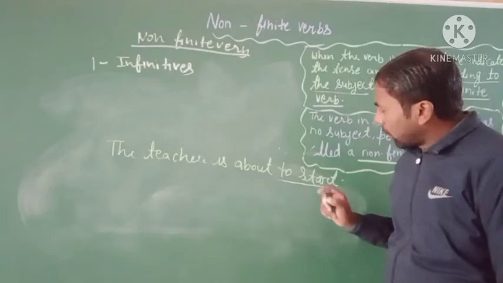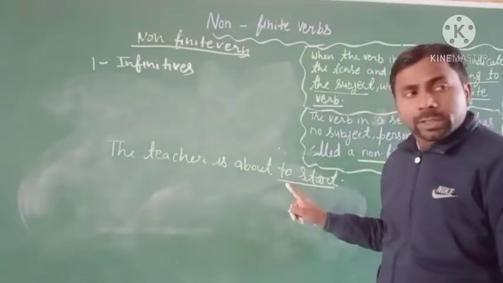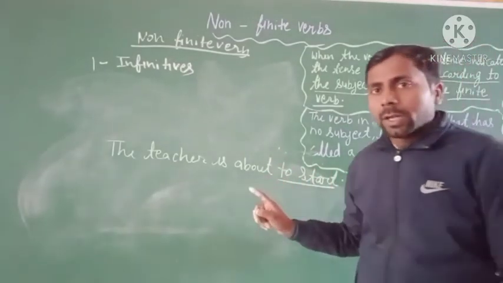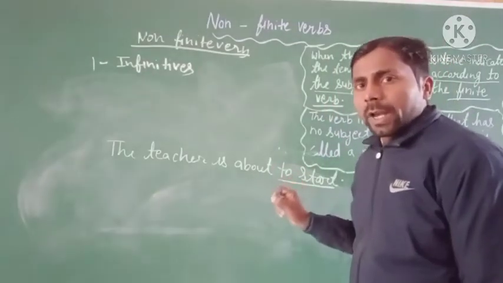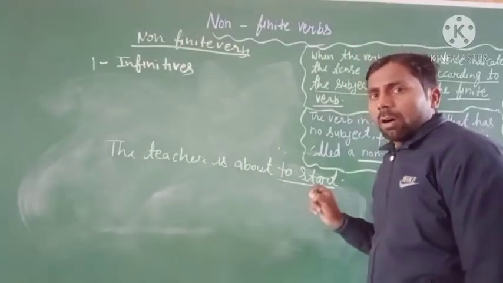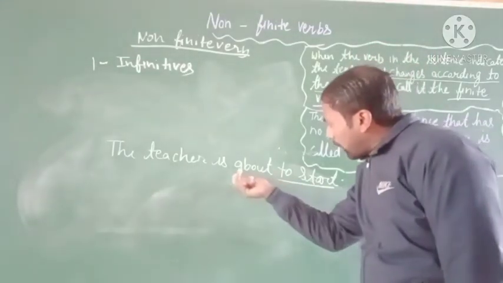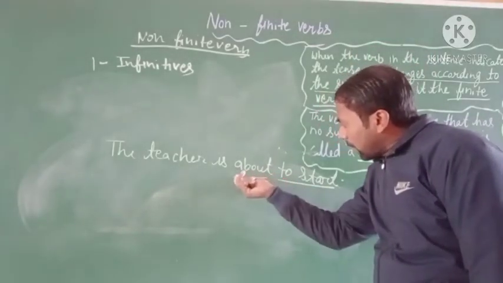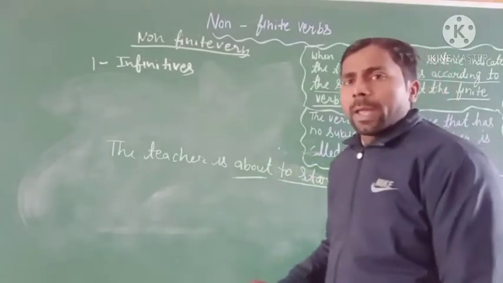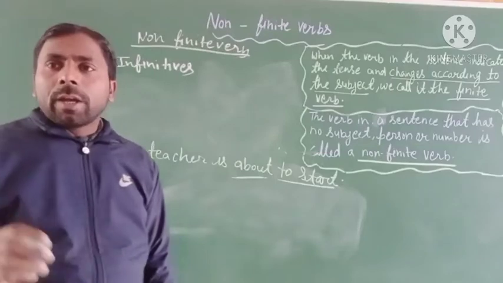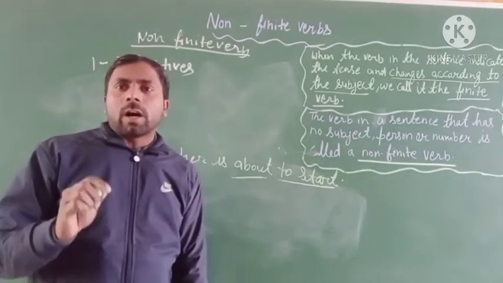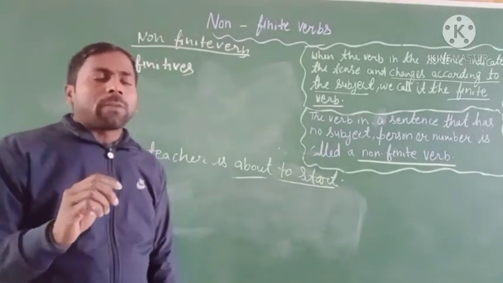A non-finite verb, and infinitive can also be the object of a preposition. So here the preposition is "about". Infinitive can also be the object of a preposition.